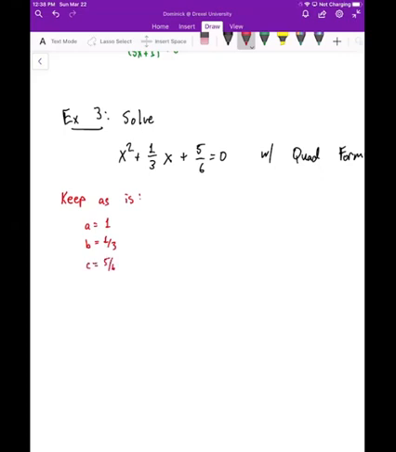And this is going to be quite some work in the quadratic formula, because now you're going to introduce fractions within a fraction within a square root. So you're going to make this a little bit more complicated by using the fractions.